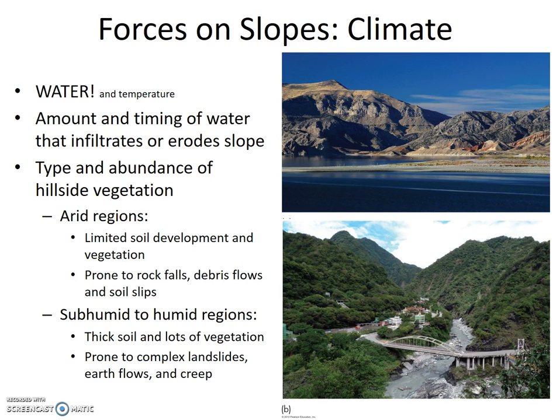In arid areas, there is limited soil development and vegetation, making the area more prone to rock falls, debris flows, and soil slips. In subhumid to humid regions, the soil is much thicker and supports lots of vegetation. These areas are prone to complex landslides, earth flows, and creep.